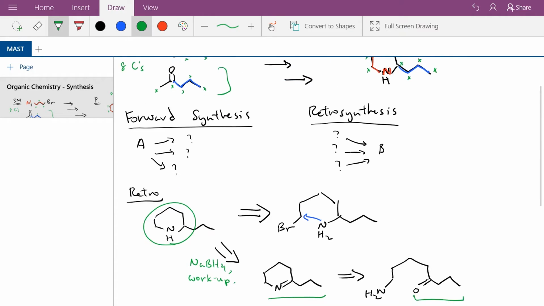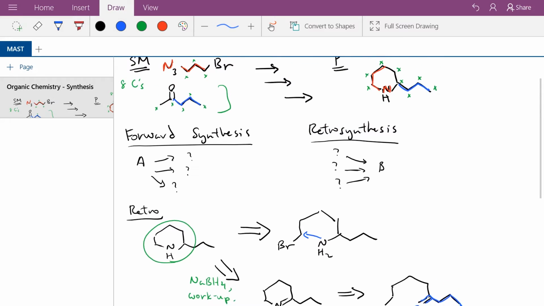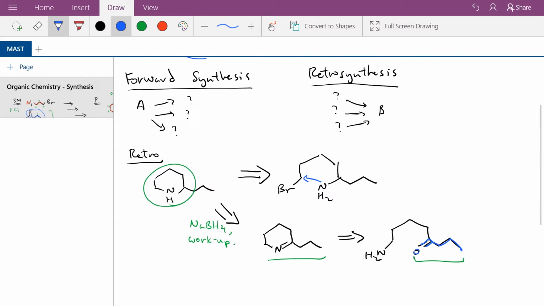And in fact, they look pretty similar, because you have this region here, which looks just like this region here. Whereas in the other case, you don't have any carbonyls here. So this should suggest to us that perhaps it is the second case that is the more feasible pathway for the synthesis. So we can cross out this one and go with this one.